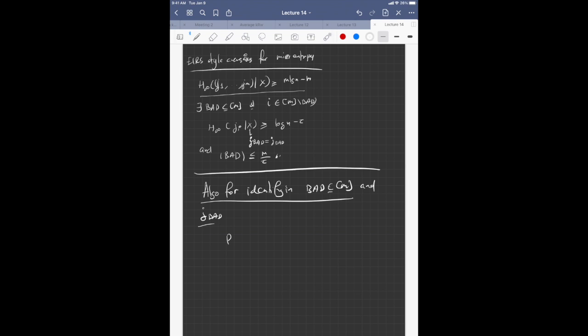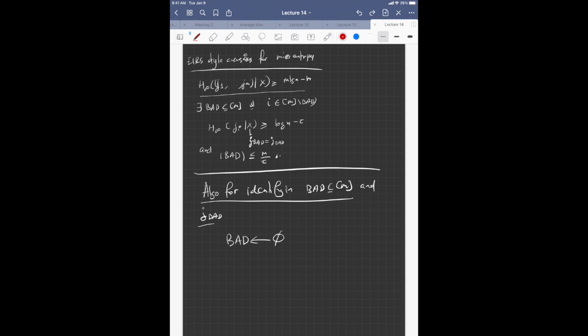So what do we initially do? Initially, we assume that there are no bad rows, and we're going to find bad rows one by one. And what's the definition of a bad row? It's any row where this min entropy condition is not satisfied.